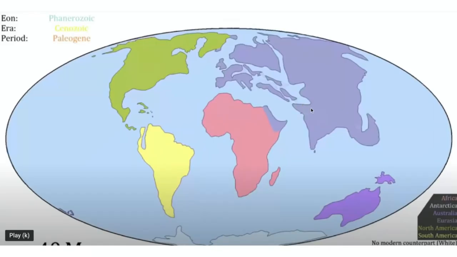Then, when India finally did ram into Asia, a mountain range was formed right here, and that mountain range is rock that used to be underwater.